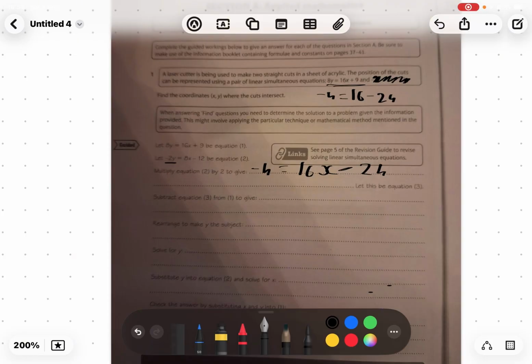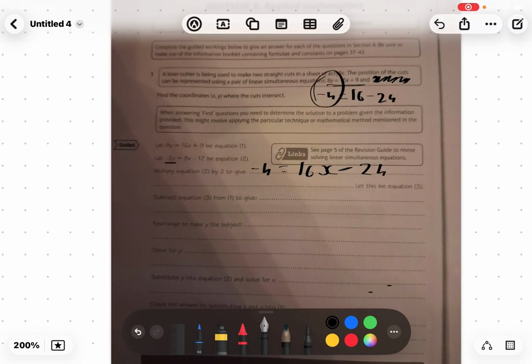And don't get confused on this one thing when you're doing it. Imagine you take away all these separately, not as an equation.